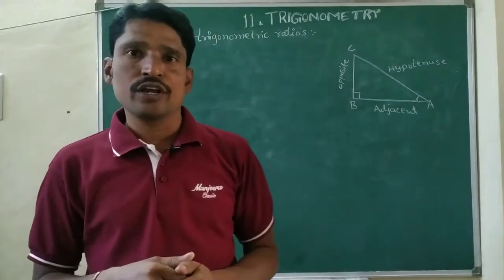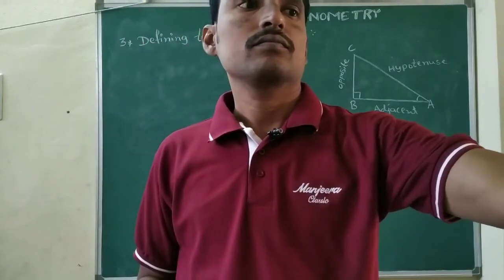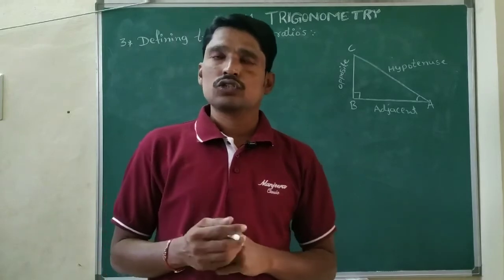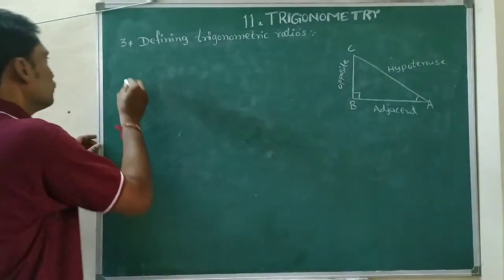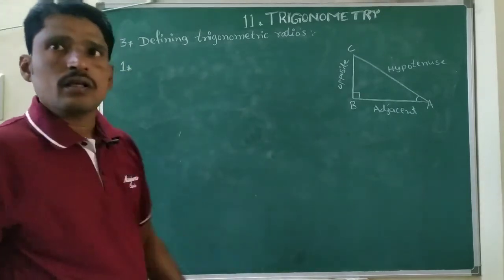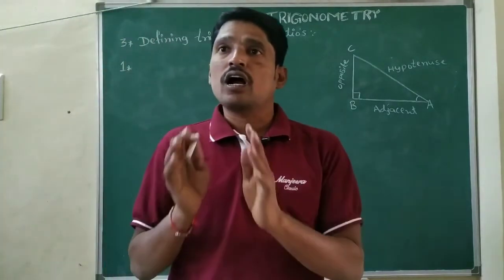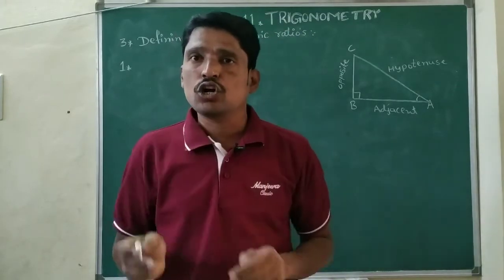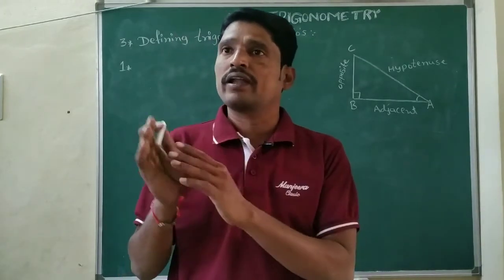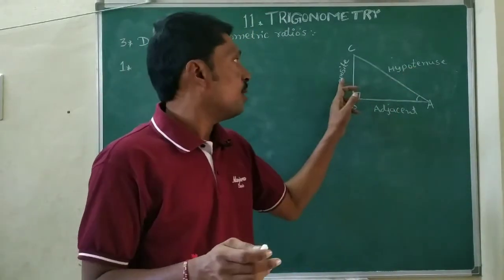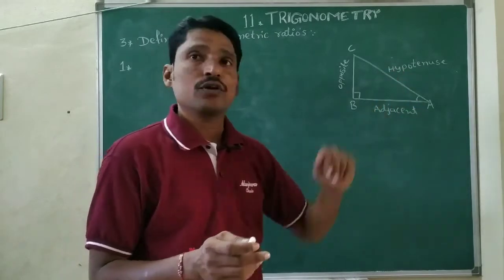So the first ratio is the ratio of the opposite side of an angle and the length of hypotenuse, opposite side and hypotenuse.